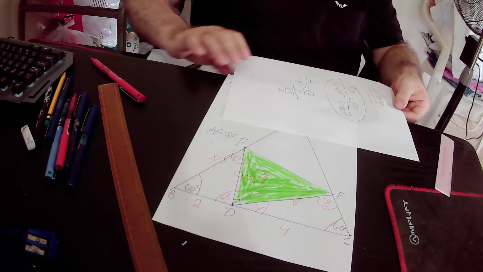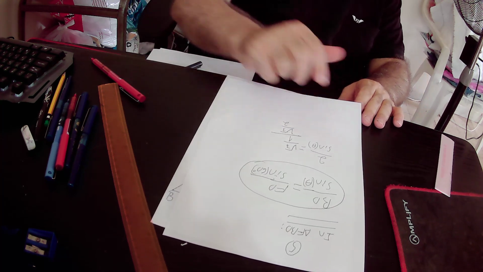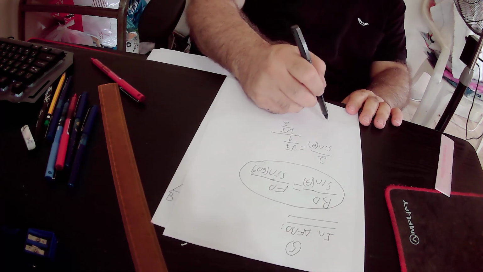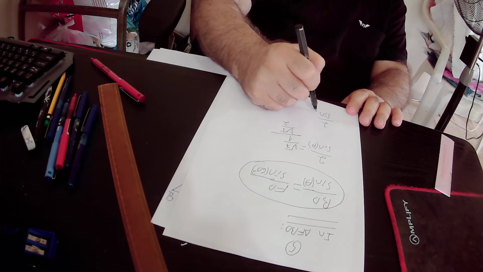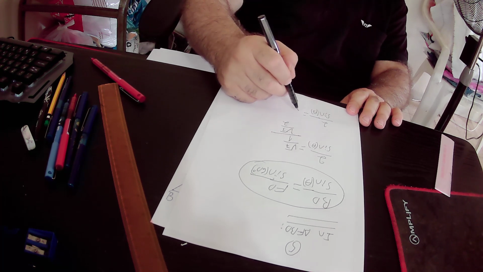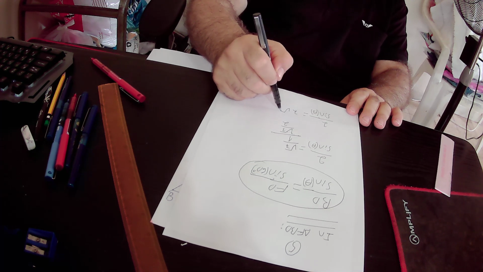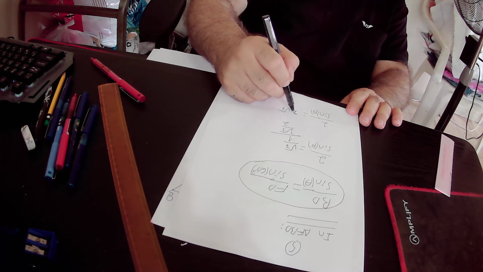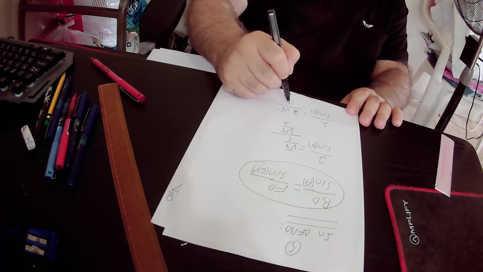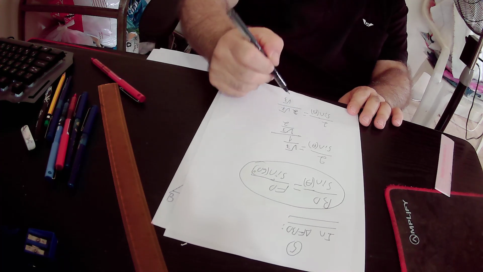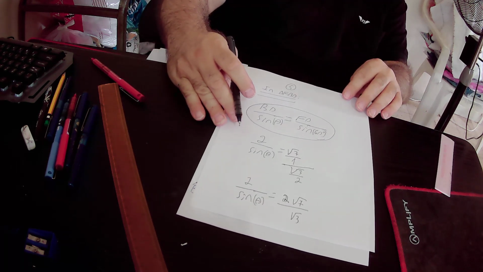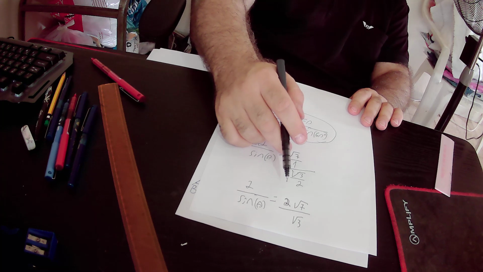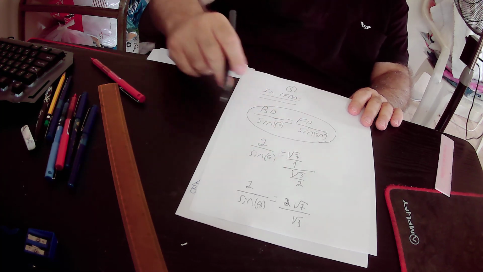Okay, so we will get that 2 over sinus theta equals 2 times root 7 over root 3. We got 2 over sinus theta equals 2 times root 7 over root 3.